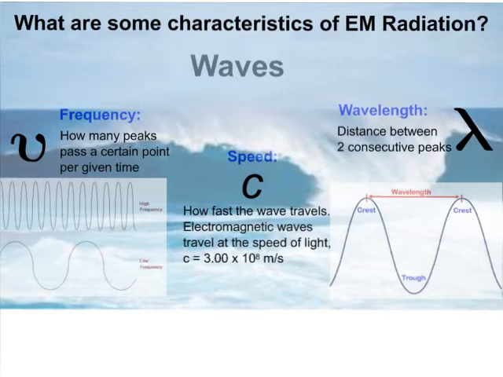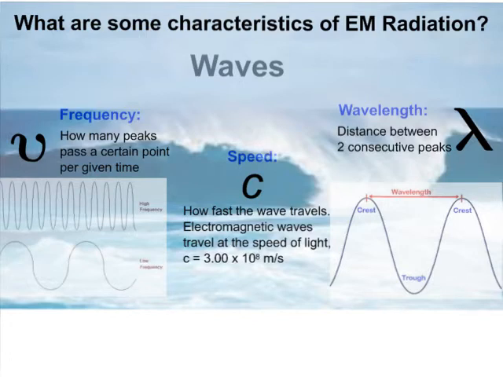Frequency is just how many peaks pass a certain point per given time. So the units of this would be 1/seconds because it's the number of peaks passing per amount of time. Represented below, we have a high frequency where many peaks pass per given time, and here is an example of a low frequency where there are not many per given time.